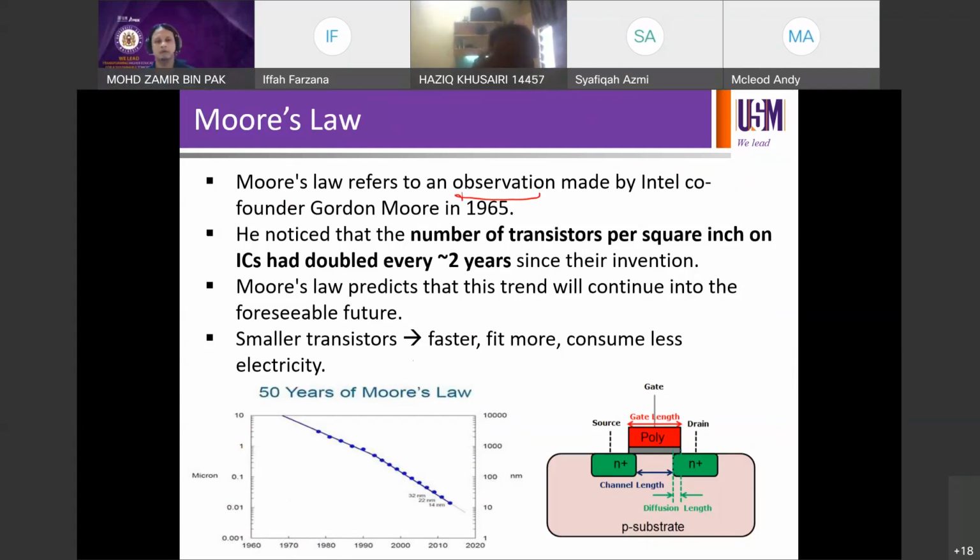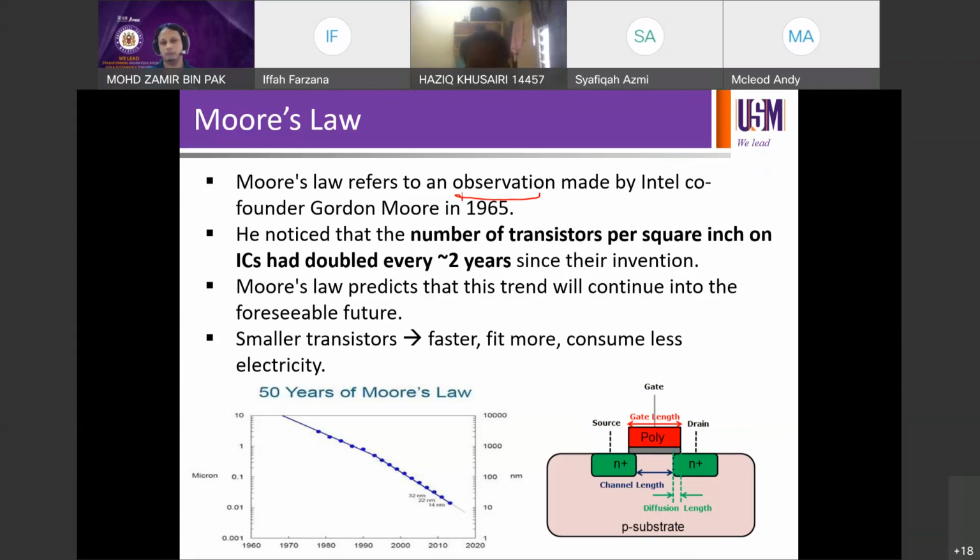Moore's law refers to an observation made by Intel co-founder Gordon Moore back in 1965. He noticed that the number of transistors per square inch on ICs had doubled every 2 years since their invention. Every 2 years, the number of transistors will double. That's what he observed since 1965.